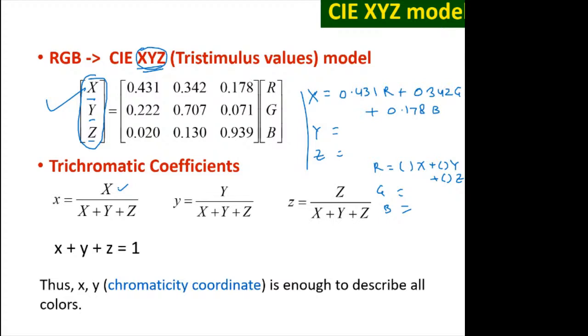Summation of the three, है ना, that is called a trichromatic coefficient. इसी तरह से small y is another trichromatic coefficient.